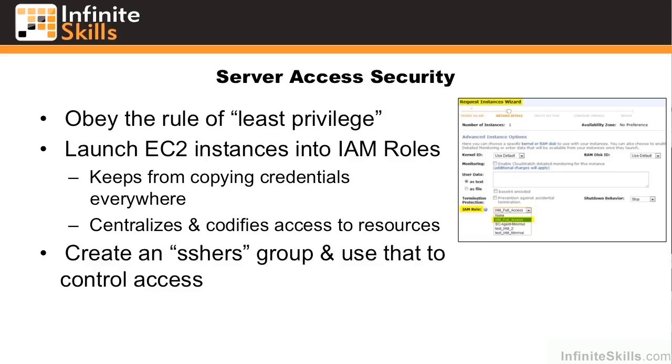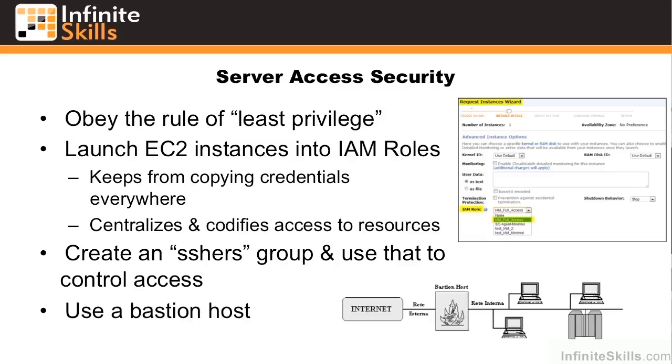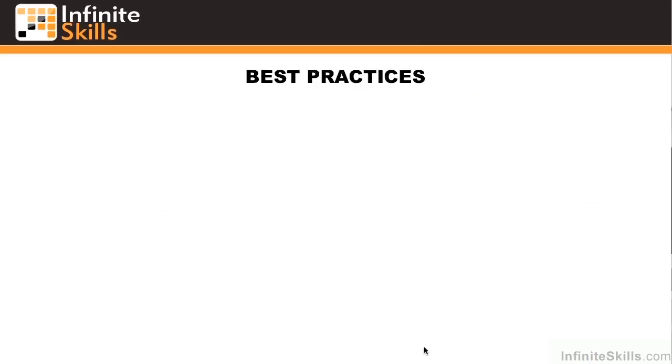I make sure that only users which are in this group have access to the SSH daemon. Another best practice is to use something like a bastion host, where you have backend systems which cannot directly be accessed by the outside world. Here you see that we're using this bastion host, and only this machine has access from the internet. These internal machines then allow access only from the bastion host and have no internet access directly.